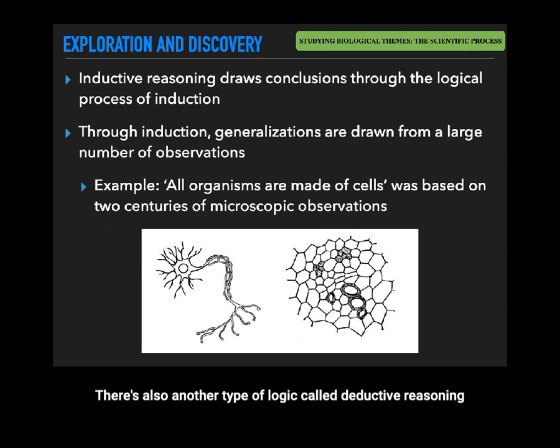There's also another type of logic called deductive reasoning. This is built into the use of a hypothesis in science. While induction involves reasoning from a set of observations to reach a general conclusion, deductive reasoning involves logic that flows in the opposite direction, from the general to the specific.